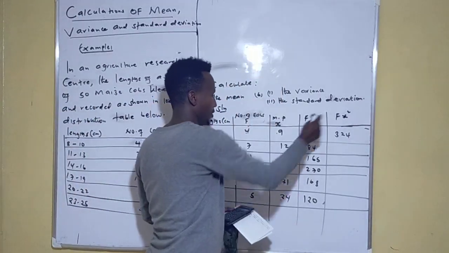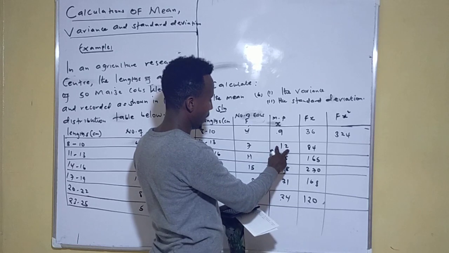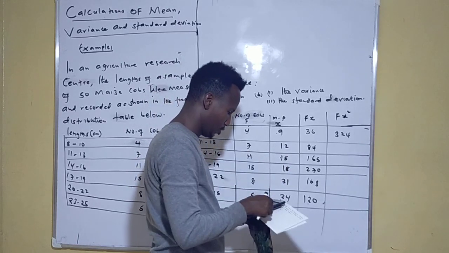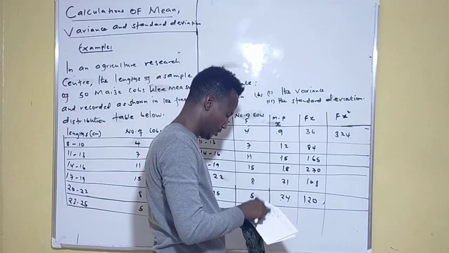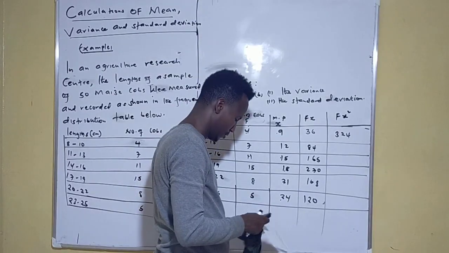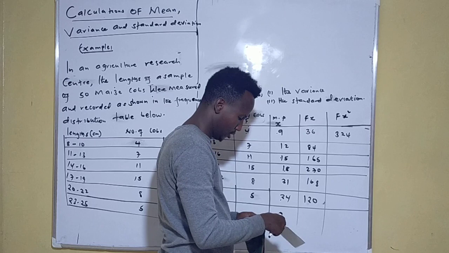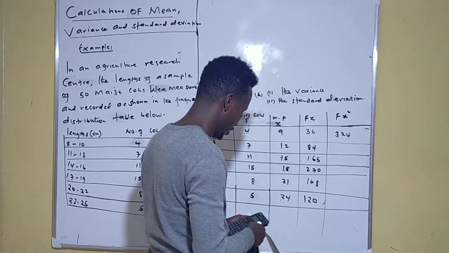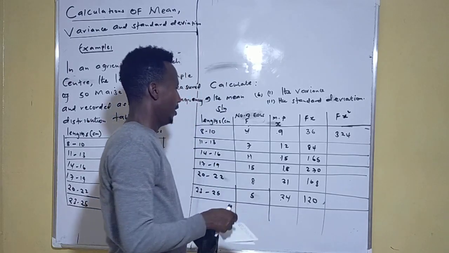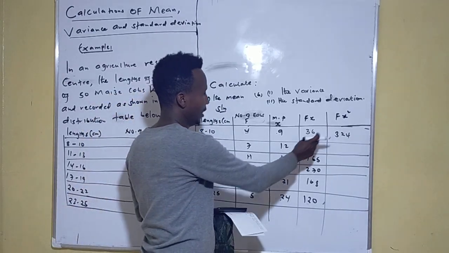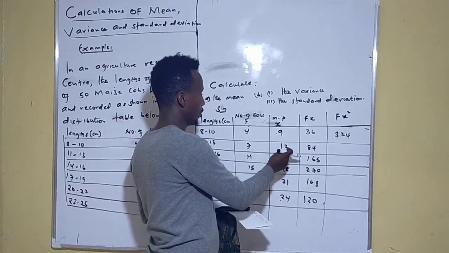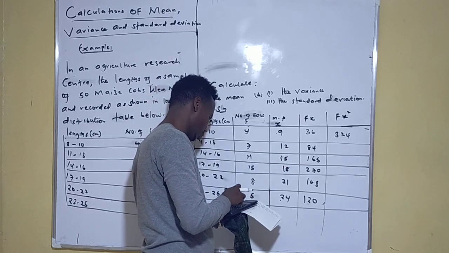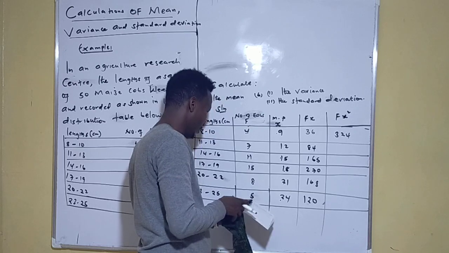We have fx squared, remember? So our x is this one. So we are going to say 12 squared times f. x squared, we are going to say 12 squared, 144, times 7 will give us what?